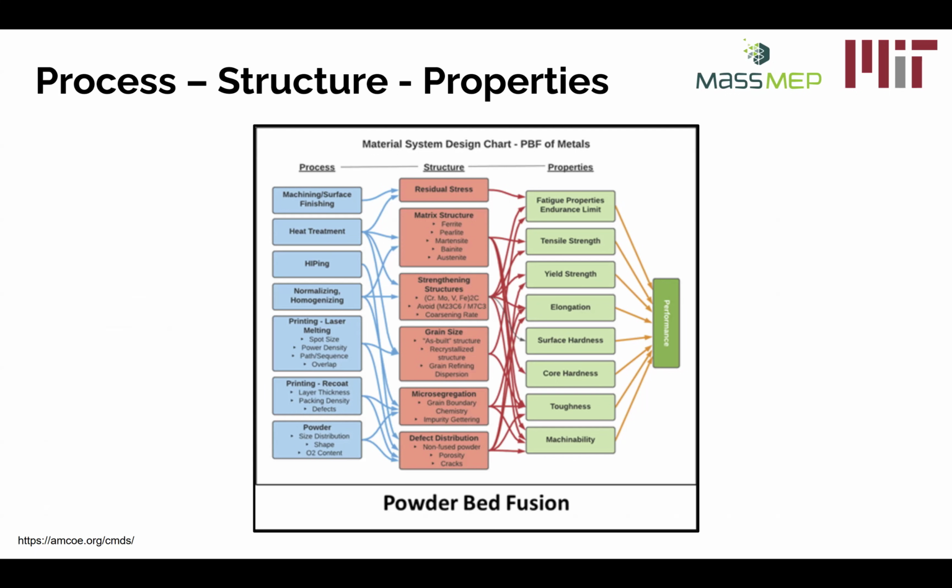So if you print a specific steel, the type of printing parameters you use, the type of post-process you will use, so the type of heat treatment, the type of surface finishing that you will employ, will affect the final properties. And this is very important to keep in mind, that these final properties will be affected by the entire history of the component. And this is also something that suppliers are very well aware of, and we can show it in the next slide.